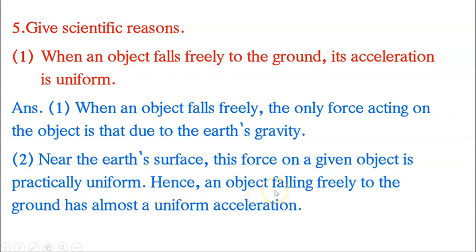Hence, an object falling freely to the ground has almost a uniform acceleration. This sentence is important. This force on an object is practically uniform, and hence an object falling freely to the ground has almost a uniform acceleration.